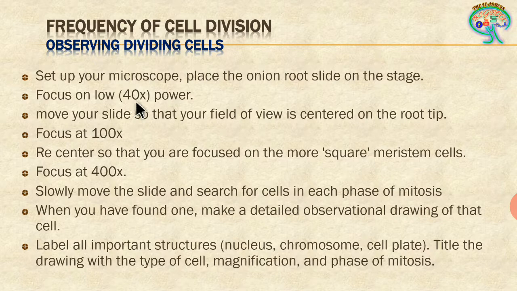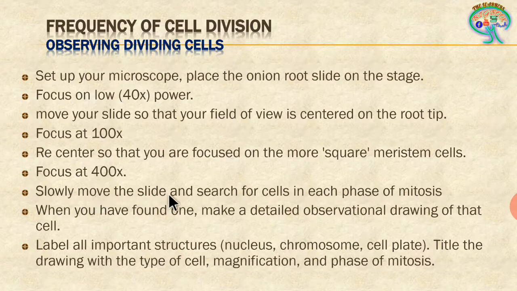So first we focus on the specimen present on this slide, and further we are going to magnify it and recenter so that the square meristem cells can be seen, and further we are going to focus on 400x.